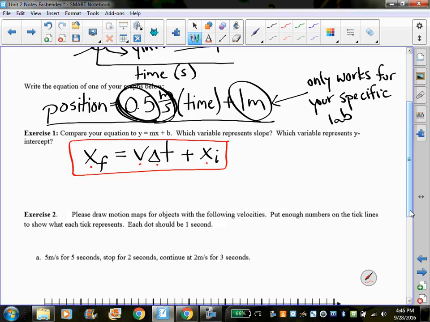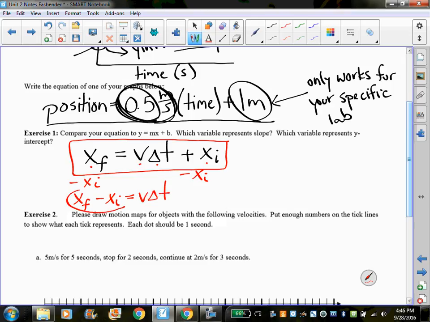And just really fast, we can actually write this equation a little bit more concisely. Because if we subtract xi from both sides of the equation, we end up getting that xf minus xi is equal to v times delta t.